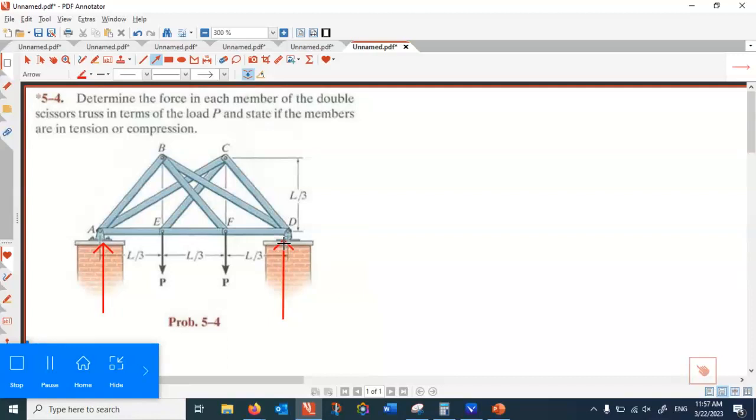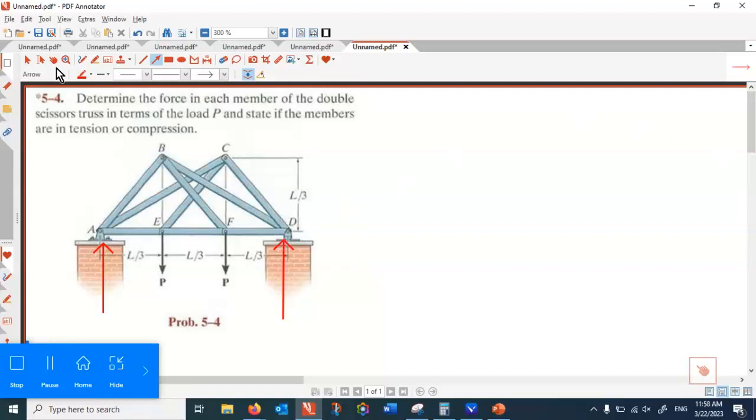Do you find any zero force member? Sometimes you can make a guess based on experience. If you can't guess that, that's okay. Start with assuming everything is under tension. What do you mean by the rotation control? So here you have to tell me the next step.